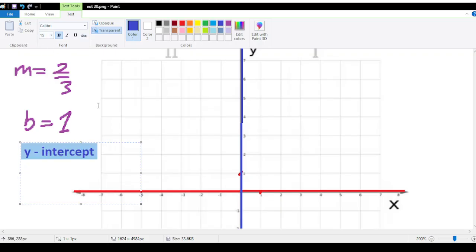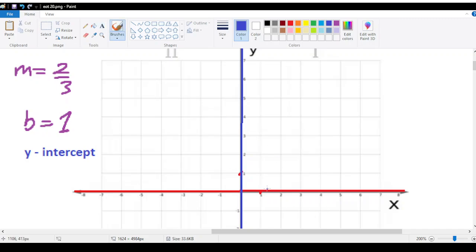So it does not make sense to be here. Okay, Shamsa? It could not be here because here it's the x-axis. Because it's y-intercept, it should be on the blue line, because its name is y-intercept. So y-intercept is 1. We will go to 1 but on the y-axis.